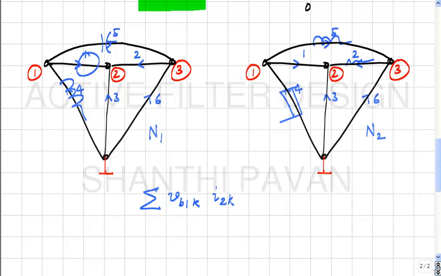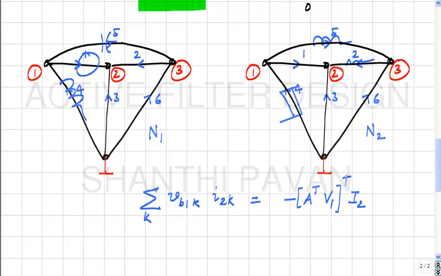You understand? So this can be written in terms of the node voltage vector and A. This is nothing but minus (A transpose V1) transpose I2, where V1 is the vector of node voltages in network N1, and I2 is the column vector of branch currents in network 2.